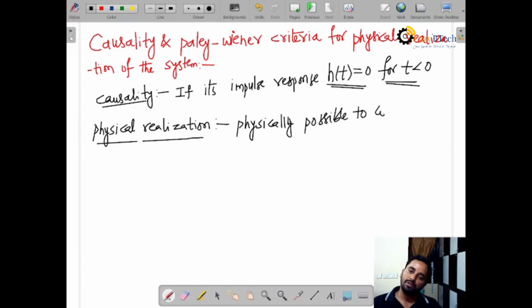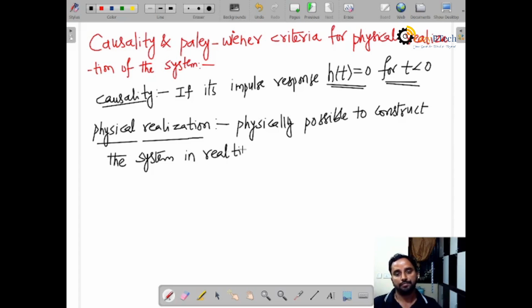For physical realization we have criteria, that is the Paley-Wiener criteria. To construct the system practically or in real time, it has to follow the Paley-Wiener criteria.